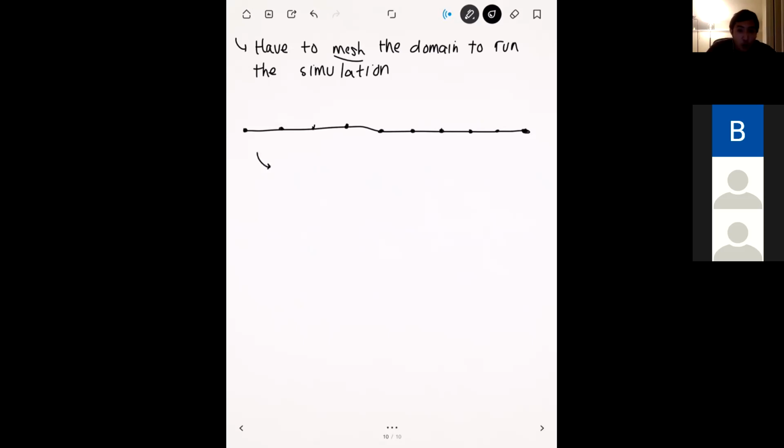What you'll see from the code is that there's a way that we can control how fine our mesh is. Inside the code, there's a parameter called N1, and this parameter defines how many elements we want to have in the mesh.